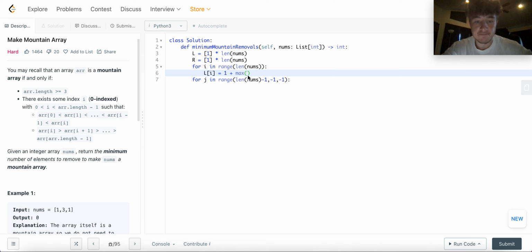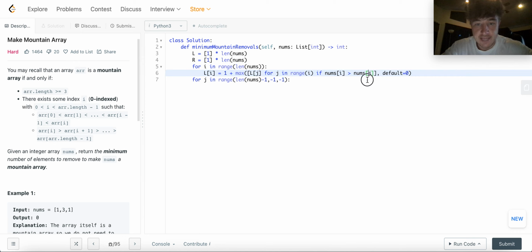So you say 1 plus L of j for j, everyone that's to my left, if nums of i is greater than nums of j. Now, it's possible that there is no such candidate, so we'll do a default value of 0. If there's no one to my left that I can attach to, I can attach to 0 people, so then it stays length 1 here.